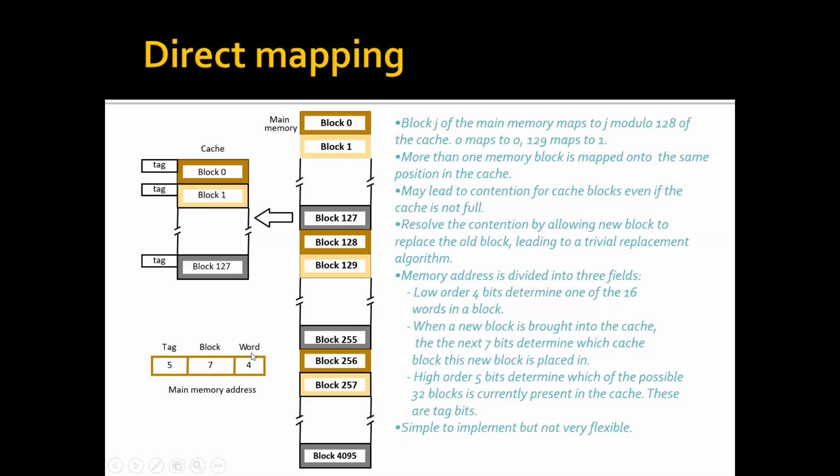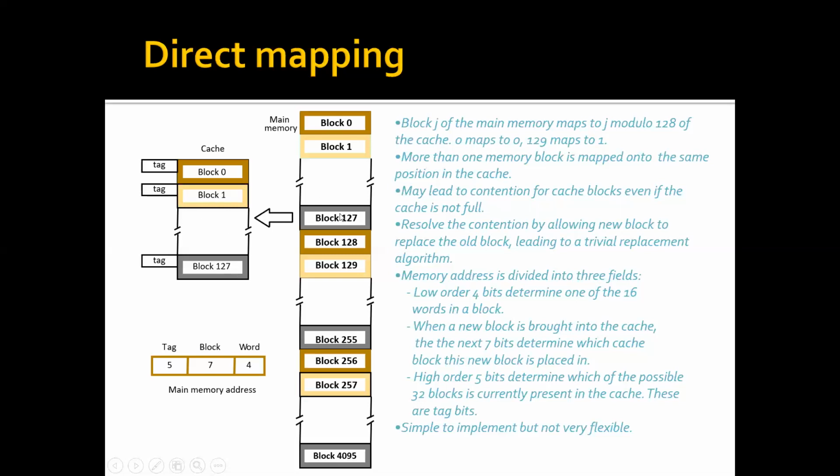block 128, block 256, 513, like that. So if I have to store block 0, I will store over here. But if 128 is requested, then I have to take out block 0 and store 128, even if the other blocks are vacant. So more than one memory block is mapped into the same position in the cache. This may lead to contention of the cache blocks even if the cache is not full, even if there are many vacant places.